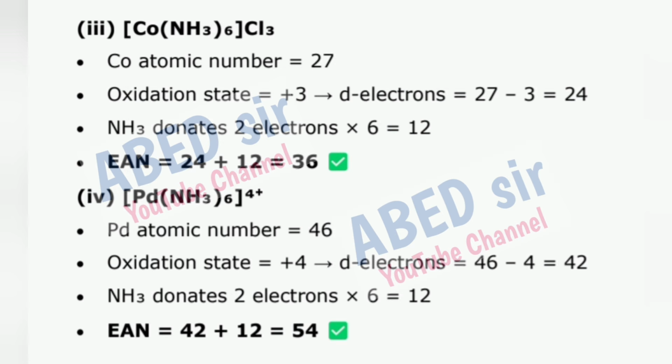[Pd(NH3)6]4+. Pd atomic number is equal to 46. Oxidation state is equal to plus 4, d electrons is equal to 46 minus 4 is equal to 42. NH3 donates 2 electrons times 6 is equal to 12. EAN is equal to 42 plus 12 equals 54.